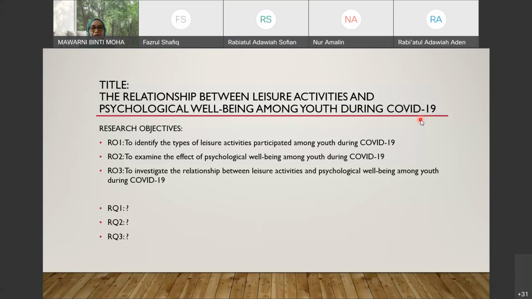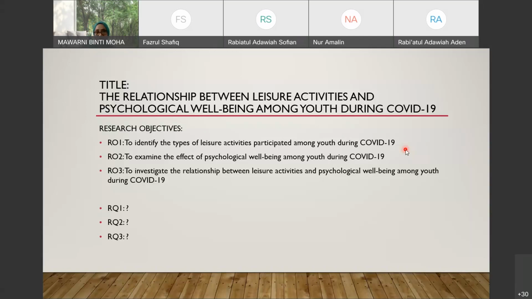All right, so the research objectives. Number one, to identify the types of leisure activities participated among youth during COVID-19 lockdown, for example. It's specific enough, right? You have to identify types. Research objective 2, you want to examine the effects on psychological well-being among youth during COVID-19 lockdown.